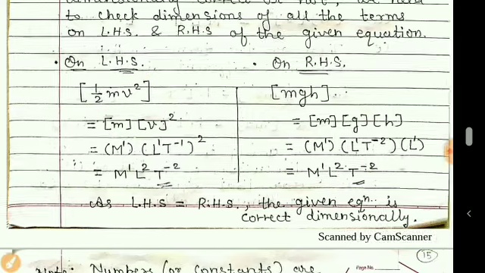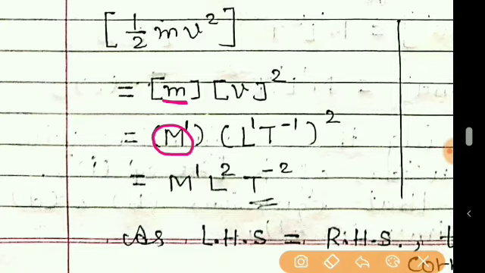Now the dimension of m, that is mass, is M and the power is only 1. No power given means the power is 1. What is v? V is distance upon time. So distance is L and upon time means power minus 1.